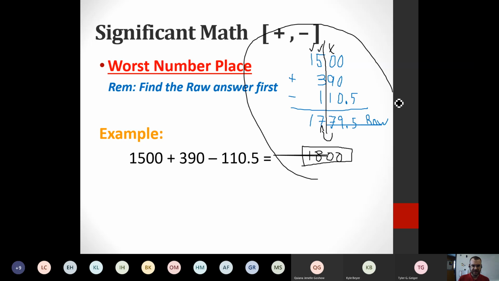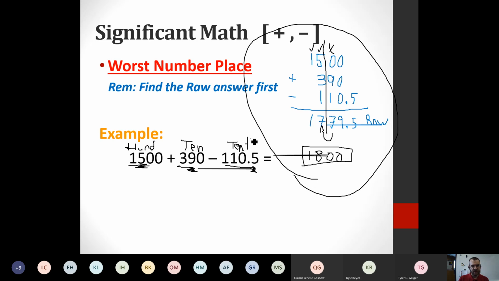This is probably the best way to do it as you're learning. The other way to do it is you start at the beginning and then you go to where there is no more and you mark it. Start at the beginning, go to where the significance stops. And then you sit there and you go, okay, here was the hundreds, meaning the hundreds place was the last. This goes to the tens place. And this goes to the tenths, 1 decimal point.